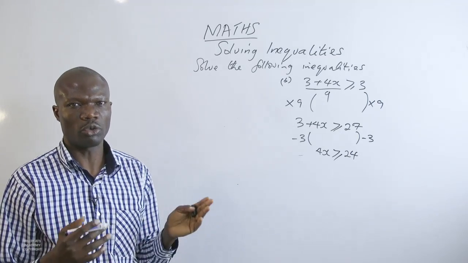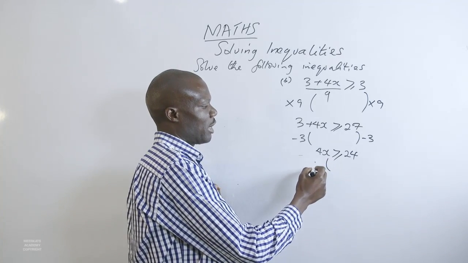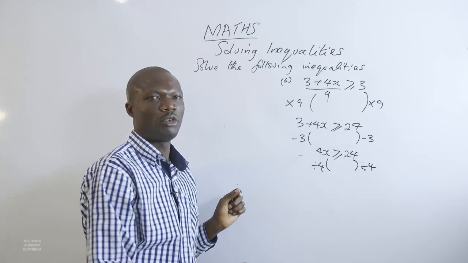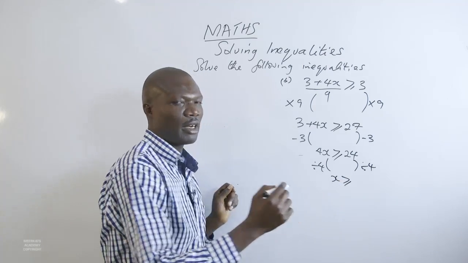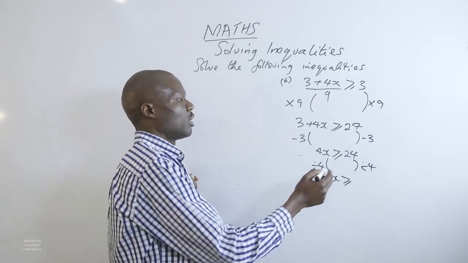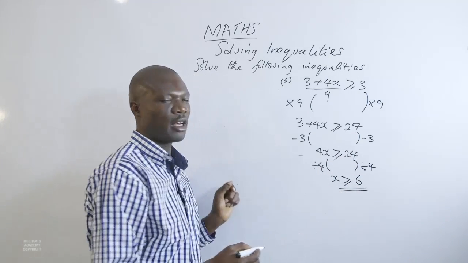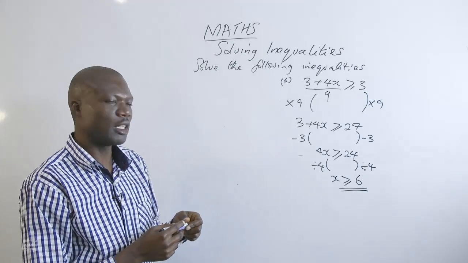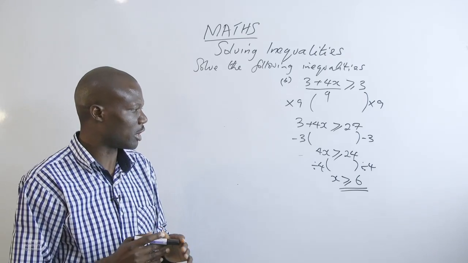So for the true values for x here, we shall have to divide both sides by 4. Because we were dividing with a positive number, the inequality symbol does not change. So 24 divided by 4 is 6. At that point, the solution for this inequality is x is greater than or equal to 6.